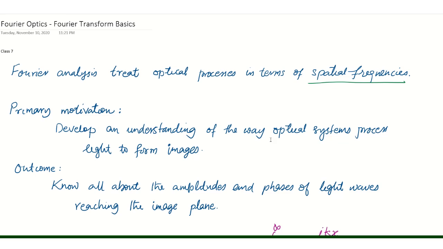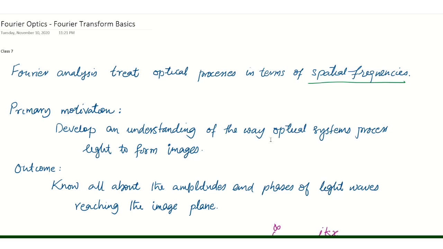In a sense, the diffraction pattern is a two-dimensional intensity distribution on a screen. And therefore, what we are dealing with is the equivalent of frequency in the time domain, which we call spatial frequencies.